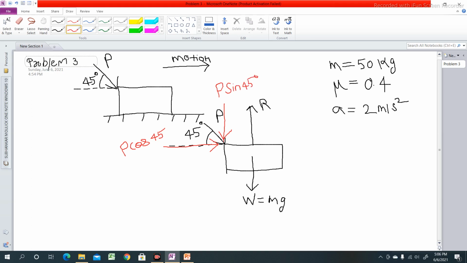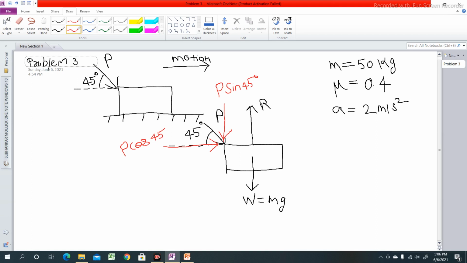what all forces will act on this block? Since the horizontal surface over which this block has been kept is not a smooth surface but a rough surface, a frictional force will act at the point of contact, and the direction of frictional force is in the opposite direction to the direction of motion of the block.